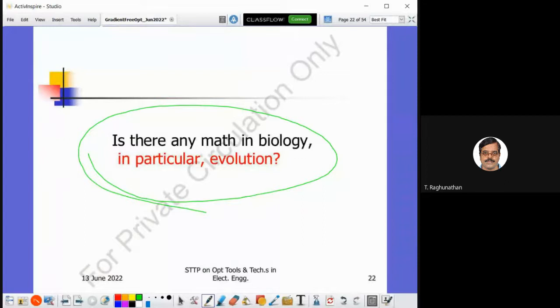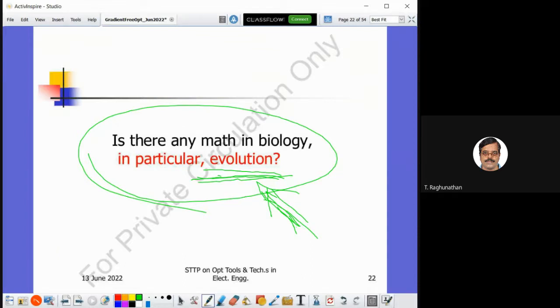And if yes, why do we fail to accept or recognize that there is maths in biology? And our mimicking the evolution is optimization, right? Why did we get an optimizer using mimicking evolution? So from this point of view, you can see evolution as an optimization process or a method of optimization.